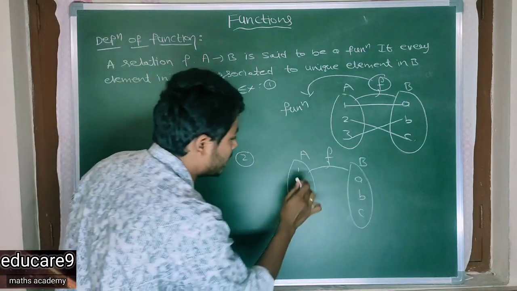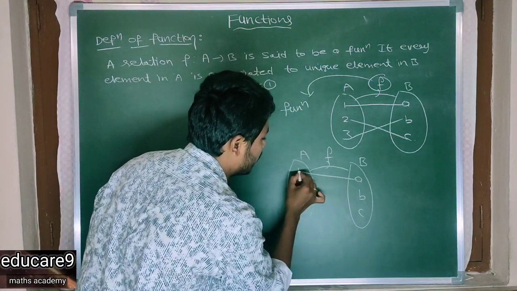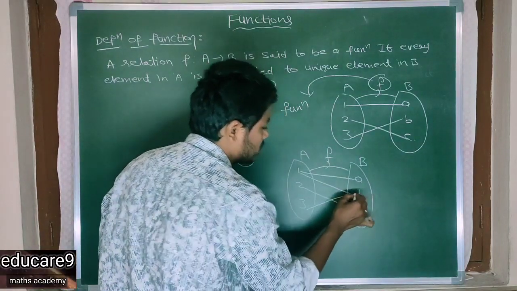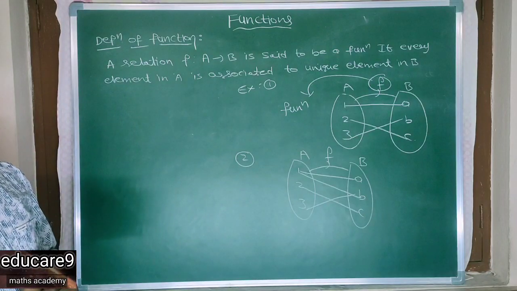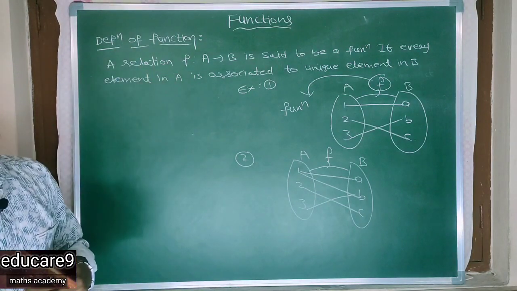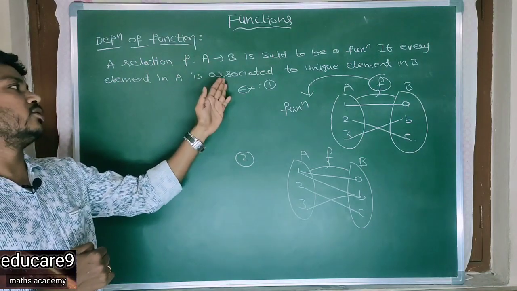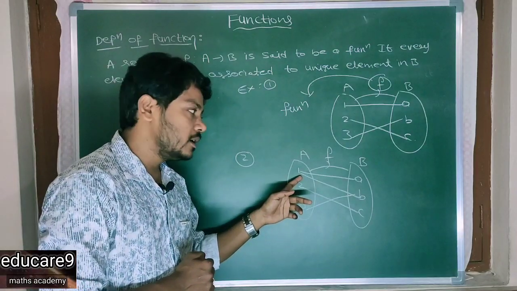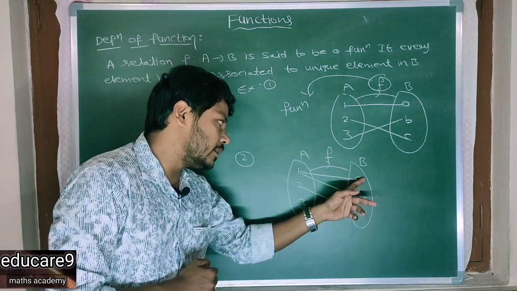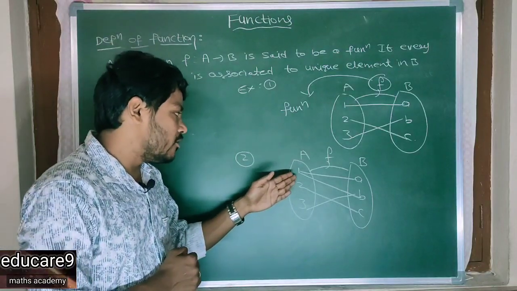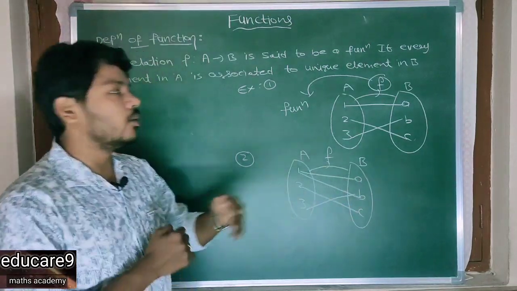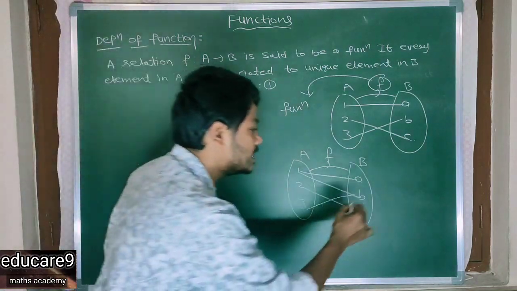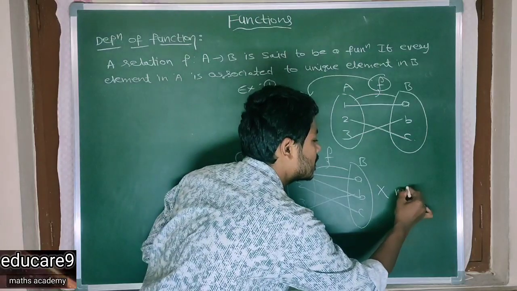Now 1 is associated to A, 1 is associated to B, 2 is associated to C, and 3 is associated to D. But according to the definition of function, every element in A is associated to a unique element in B. But here 1 maps to either A or B, meaning 1 has two mappings, A and B. So clearly this is not a function.